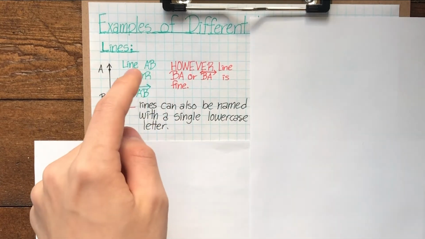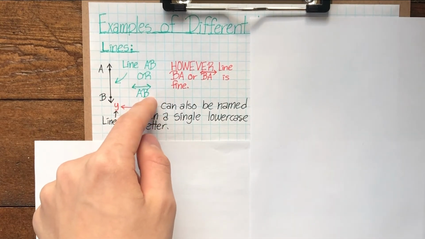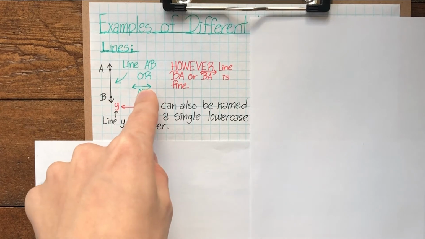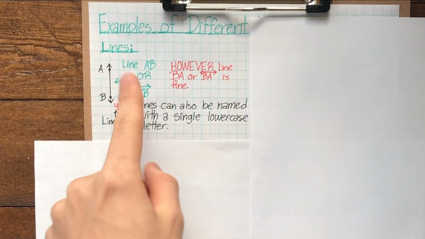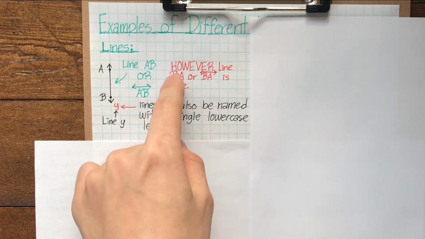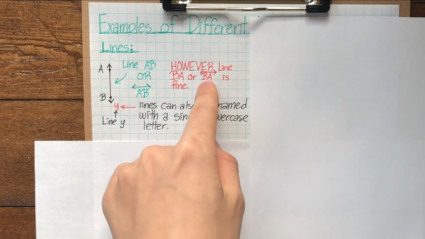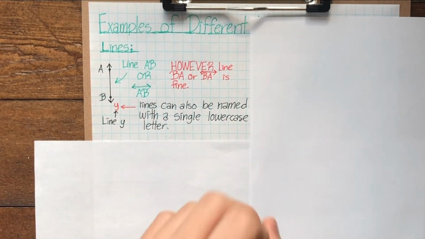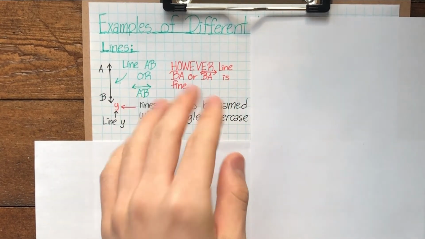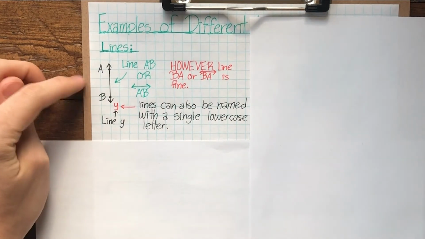Make sure to write the arrows. Otherwise, if you don't write the arrows, that will mean something completely different. However, you can also switch the order around. You can say line BA, or just BA with the line above it. That's also acceptable.